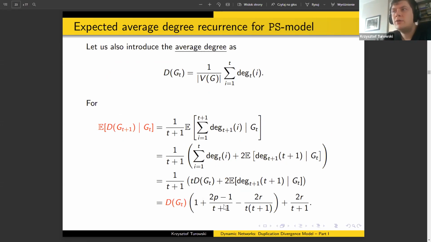The only new edges that appear are the edges coming from vertex t+1, because we do not touch anything outside vertex t+1. Of course, times 2 because of 2 endpoints, and by simple algebra, we can arrive at the following recurrence. And again, notice that we found a recurrence in the form that some property at time t+1 is a linear function of some property at time t.